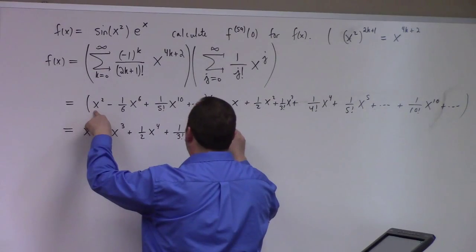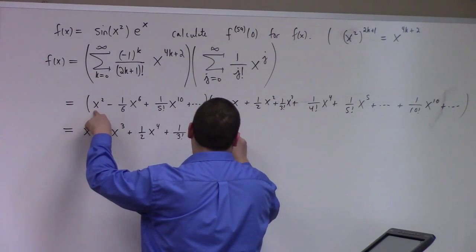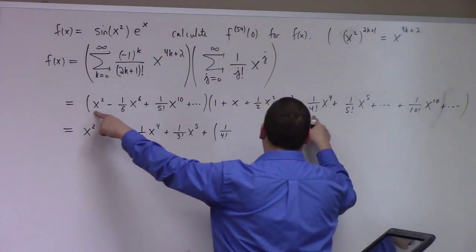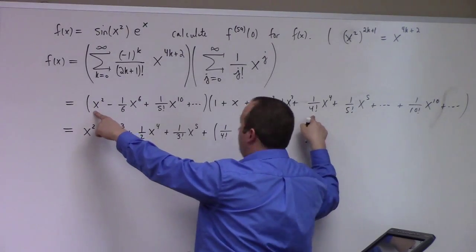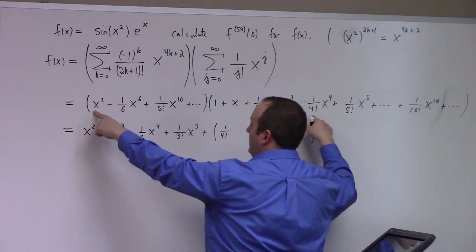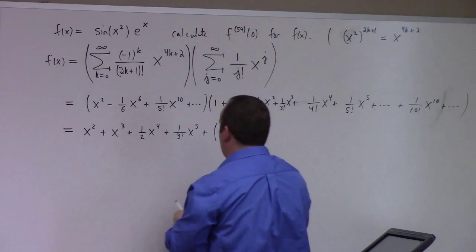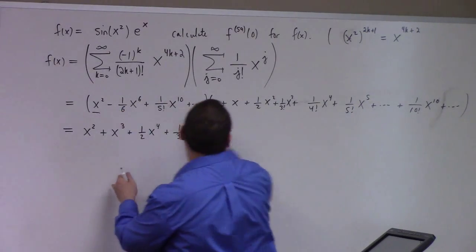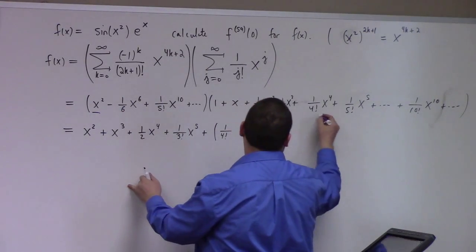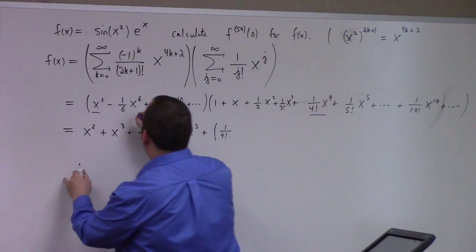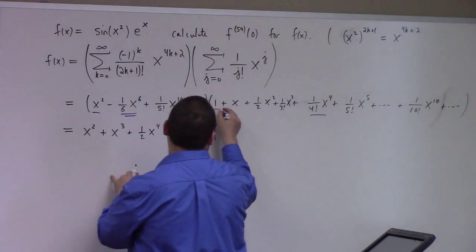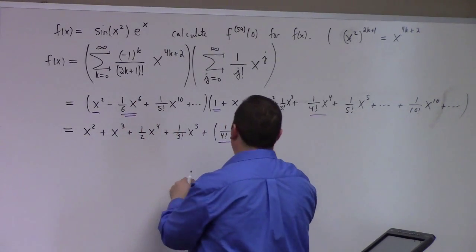I'm going to do some parentheses here. So I've got like a 1/4 factorial, right? And look, when I get to the 6th power, something special happens. I've got this times this, but I also have this guy times that guy. They're both leading to this term.